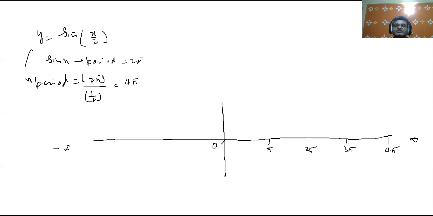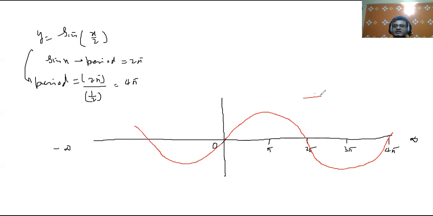So the graph of this function will be like this. You can see how the graph is.